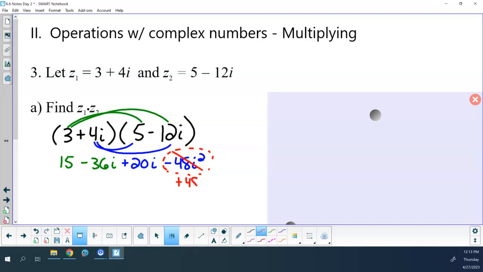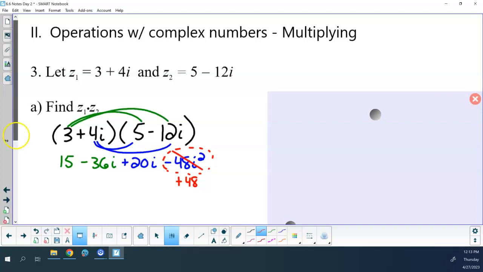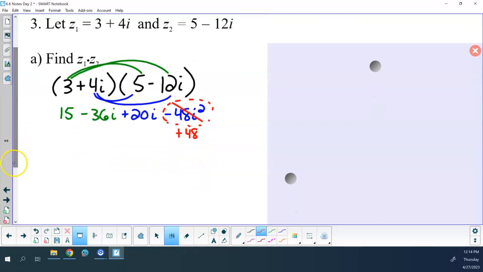Positive 48. And now I can combine both of my pairs of like terms. 15 plus 48 is how much? 63. Negative 36i plus 20i is negative 16i.